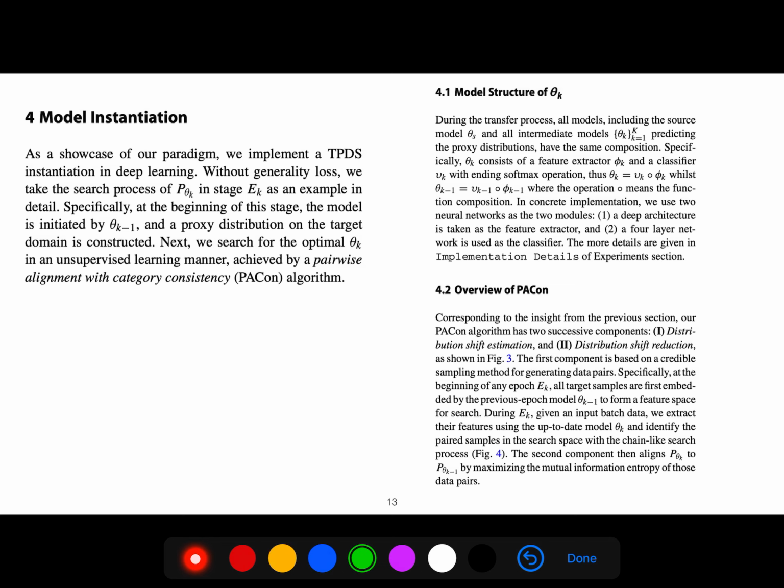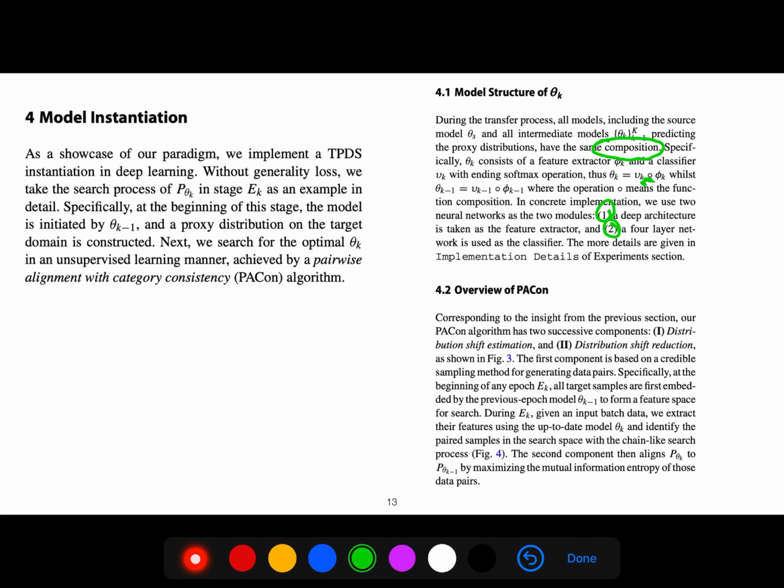So during the transfer process, all models, including the source model and all intermediate models predicting the proxy distribution, have the same composition. It consists of a feature extractor and a classifier, ending with a softmax operation. And this means function composition. So we use two neural networks. The first neural network is a deep architecture, just a feature extractor.